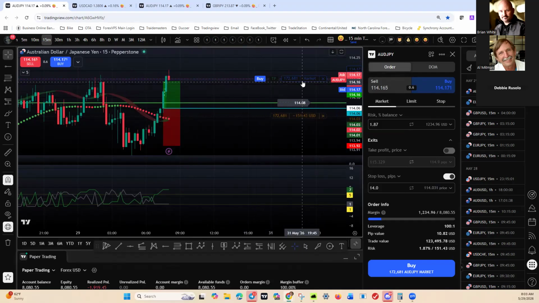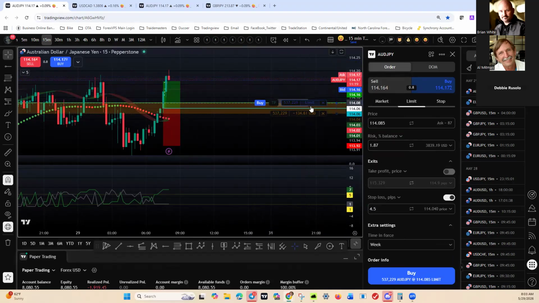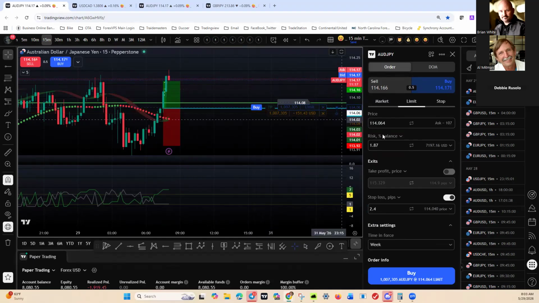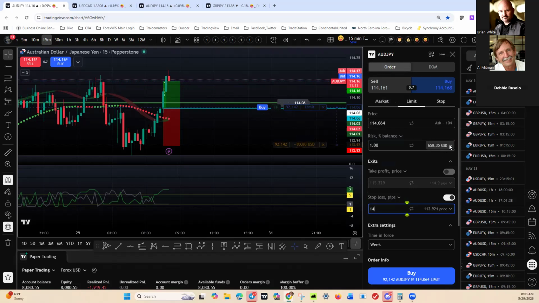Again, here we go. We're going to be looking at a buy limit at this point, so I could bring this on down to there. That sets my price, set my risk, set my stop, 14, and I got my units. Here's my units. Now, what I'll do right now, as I'm trying to set up for the trade, I'll look and see what the units are.